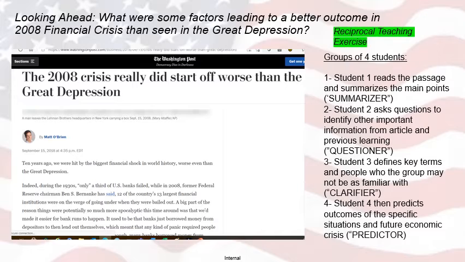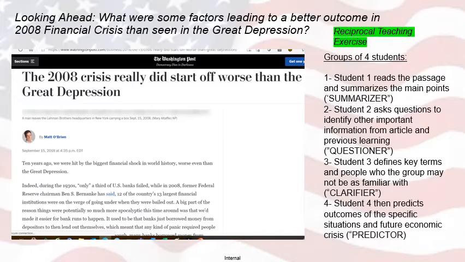So finally, one of the very interesting things that we tried to apply for the chapter was a little bit of higher level learning, where we look ahead and we ask a leading question in terms of what were some of the factors leading to a better outcome in the 2008 financial crisis than maybe what was seen in the Great Depression.